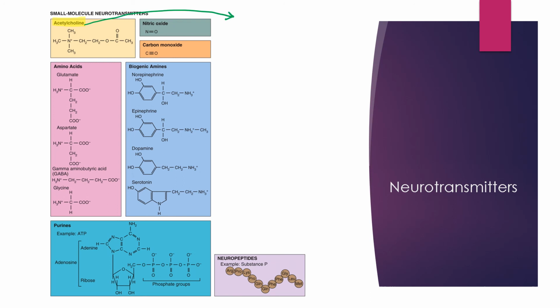It's going to be an excitatory neurotransmitter at some synapses. Like the neuromuscular junction, where it binds to ionotropic receptors, it's going to be excitatory in this case. But it also does act as an inhibitory neurotransmitter at other synapses.